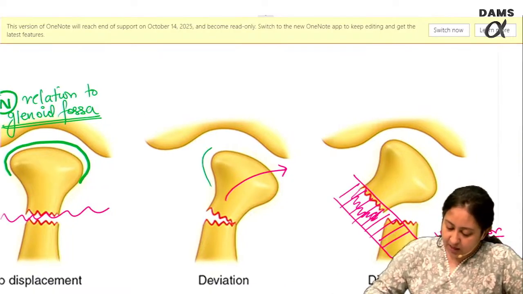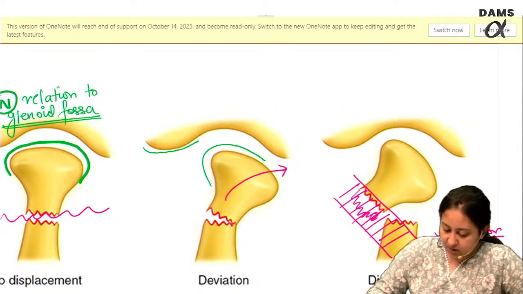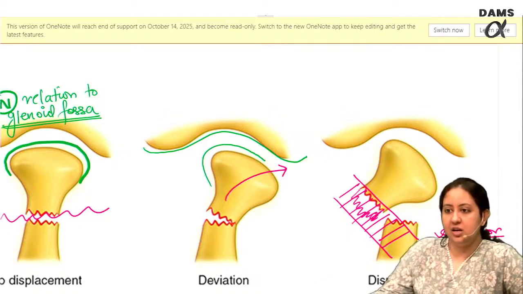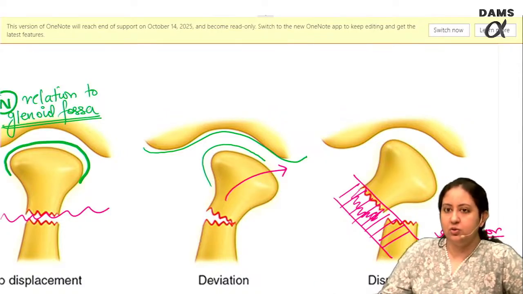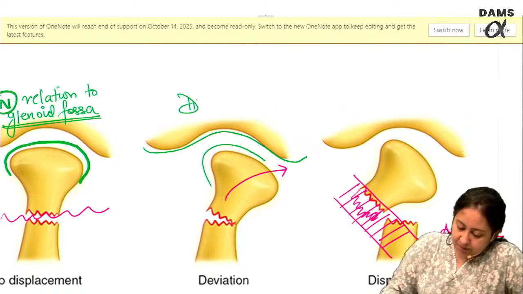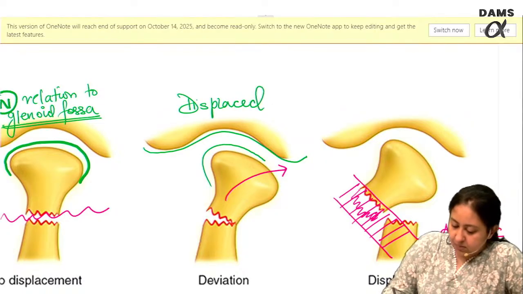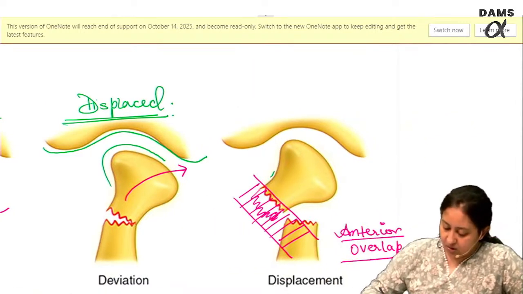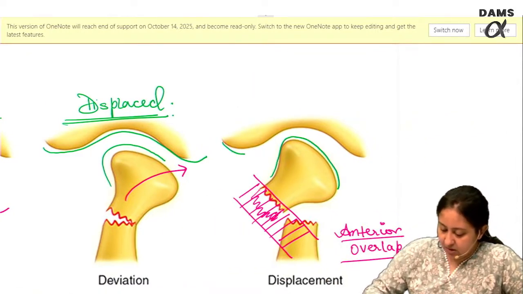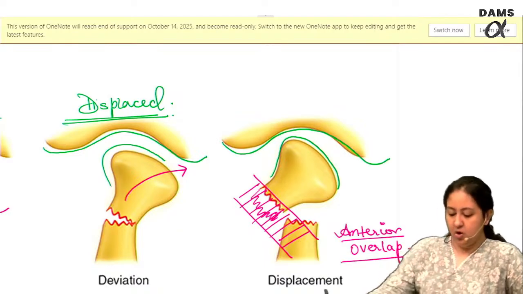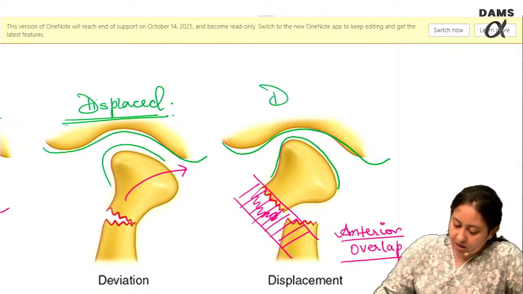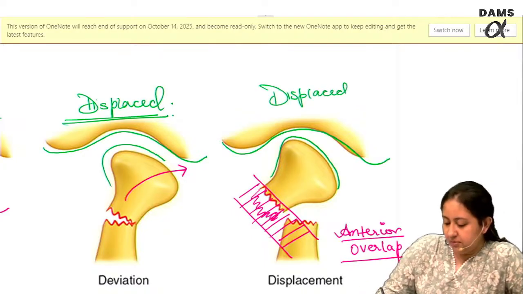Here the condyle is in the confines of the glenoid fossa, if you see carefully, but it is in an abnormal relation, though within the glenoid fossa. So this becomes displaced in the glenoid fossa. Here also the condyle is within the glenoid fossa, but it is present in an abnormal relation, or it is displaced in the glenoid fossa.